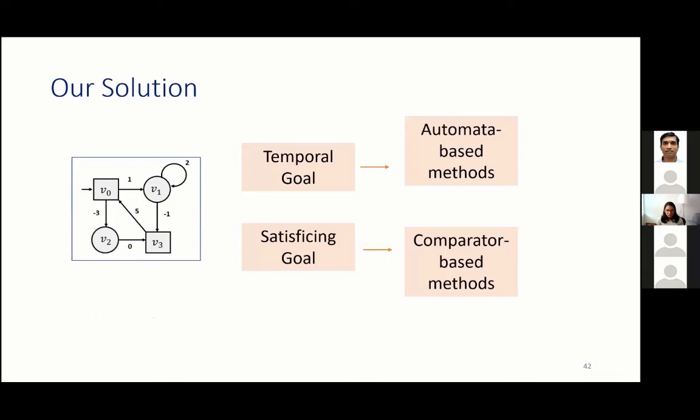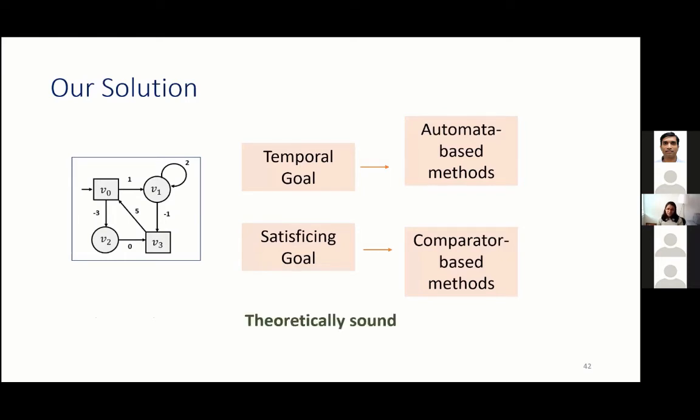So now for the satisficing goals, instead of optimization-based techniques, we will use a comparator. In the case of integer discount factors, the comparator will exactly solve the problem. In the case of non-integer discount factors, the comparator can be used to generate a sound algorithm.